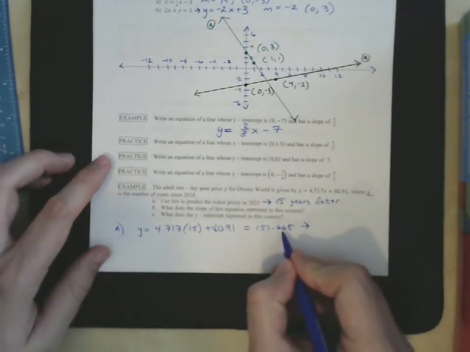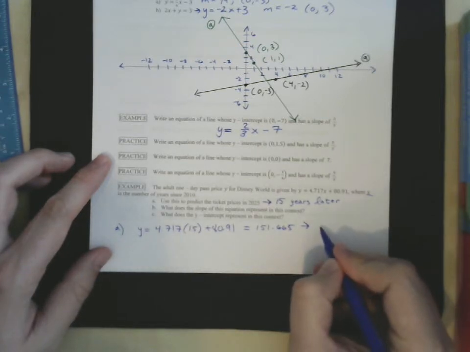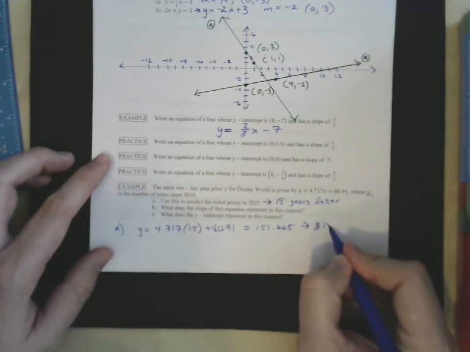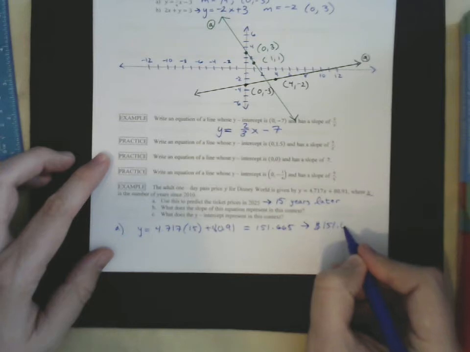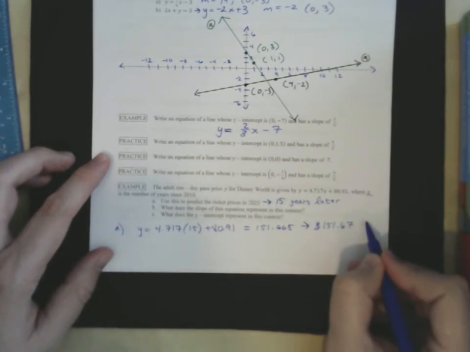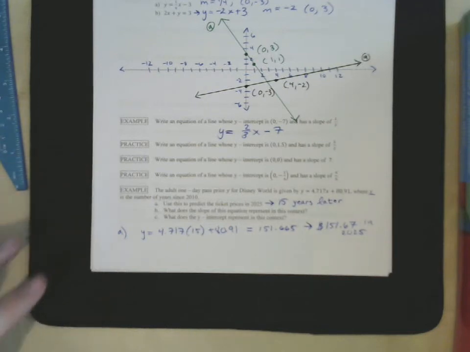So dollars get rounded to the second decimal. So we know that this is $151.67 in 2025. That's how much it's going to cost by this model to go to Disney World in 5 years. Now, in reality, that's probably more like 2 years away for us. But this is a model that was come up with a few years ago.